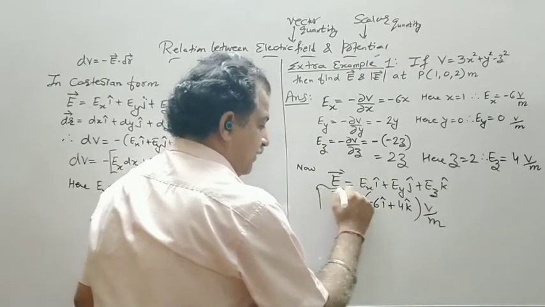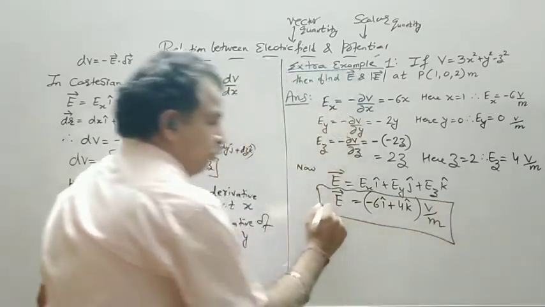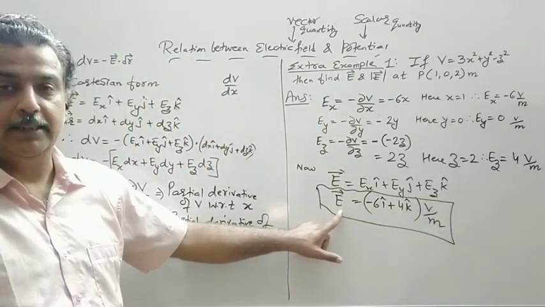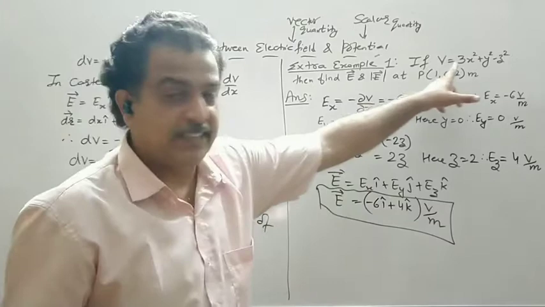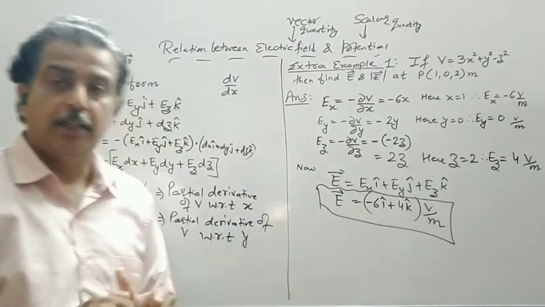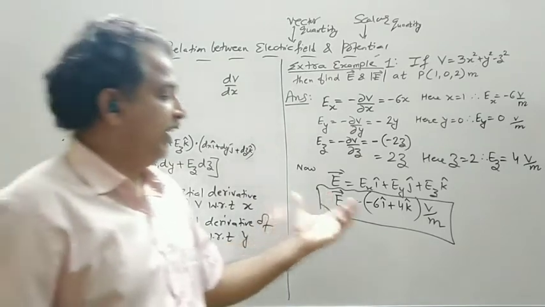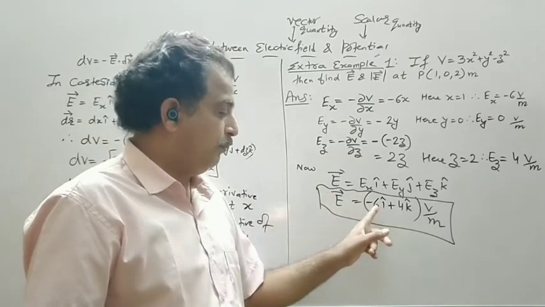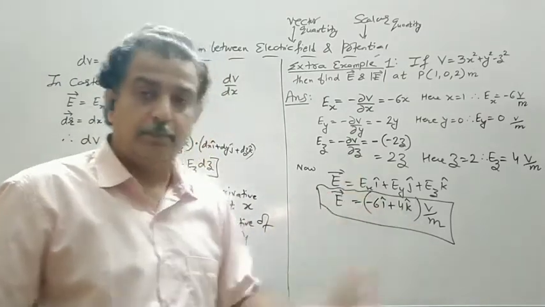So it is very easy to find out the vector quantity with the help of a scalar quantity. So this is the electric field intensity. Clearly the electric field intensity is along the minus x, z plane.